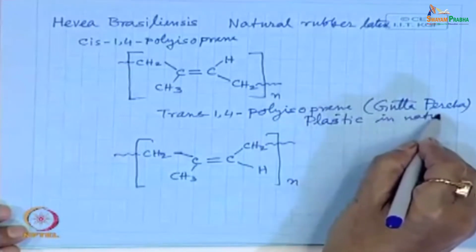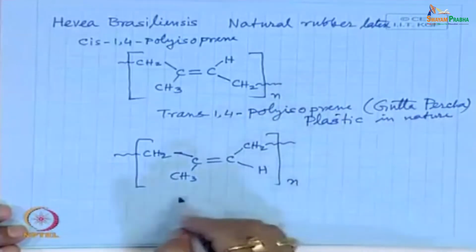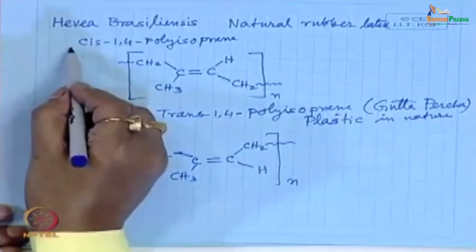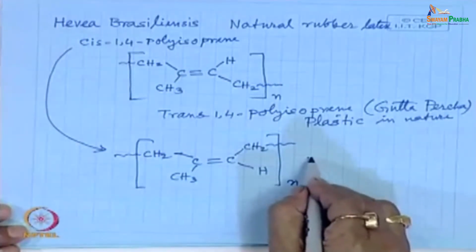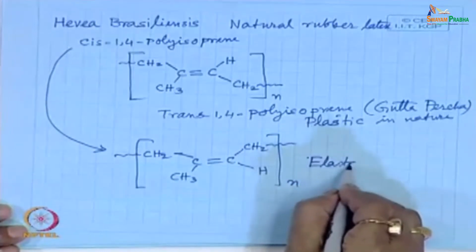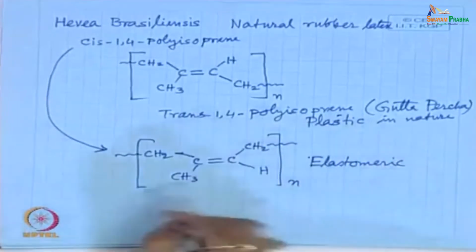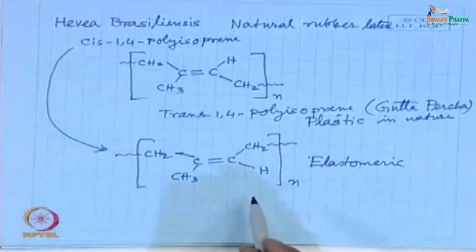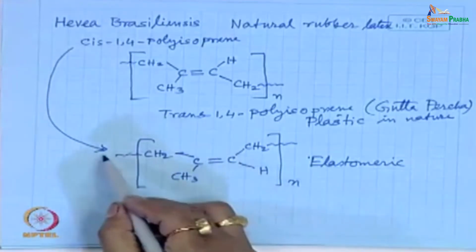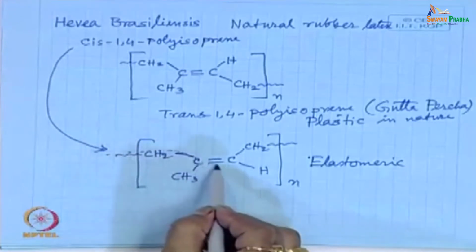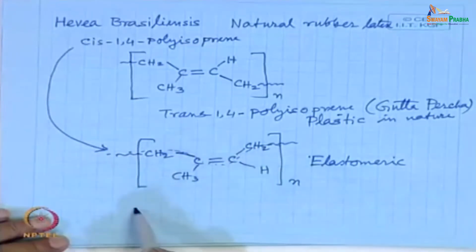And this cis form is elastomeric, that is because of this cis trans configuration. How? You see, this is cis configuration. If you look into this molecule, you will find it looks like this.